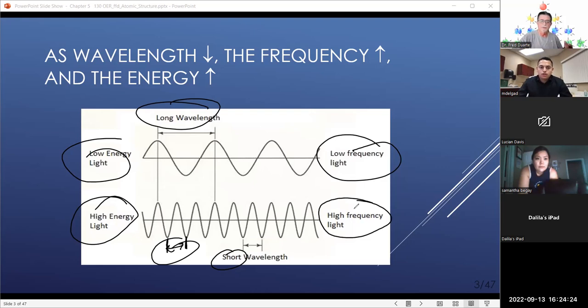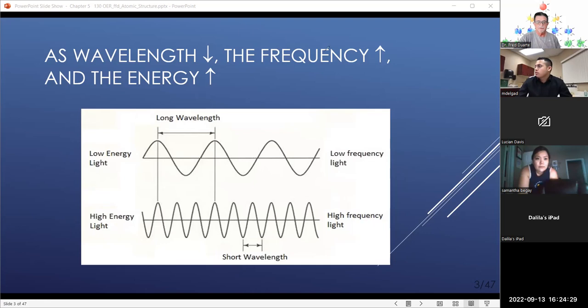Now you might think, well, what do you mean by the relative frequency? Well, let me color this a little bit different. Let's say, for example, that this distance from here to here was 1 second, and we're clocking these things.